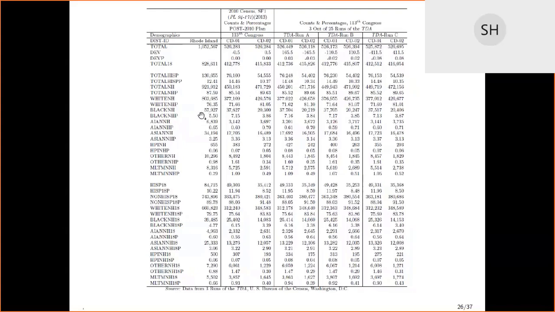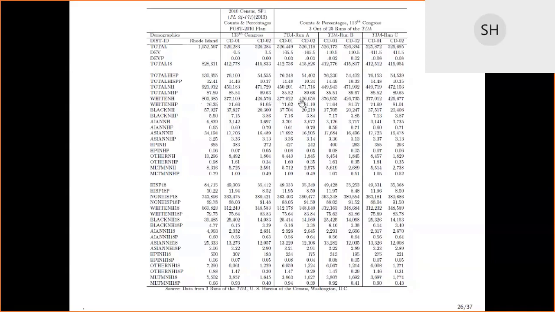An interesting thing here. I mean, there are many interesting things in this table, but I will just point out, for example, that if one looks at the white non-Hispanic population, 803,685 in the official redistricting from 2010, 377,109 were in Congressional District 1, 426,576 were in Congressional District 2.